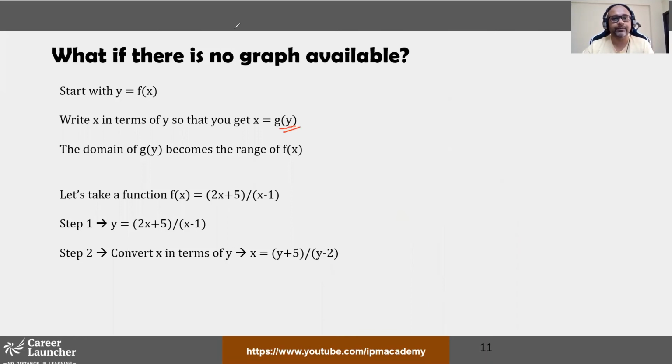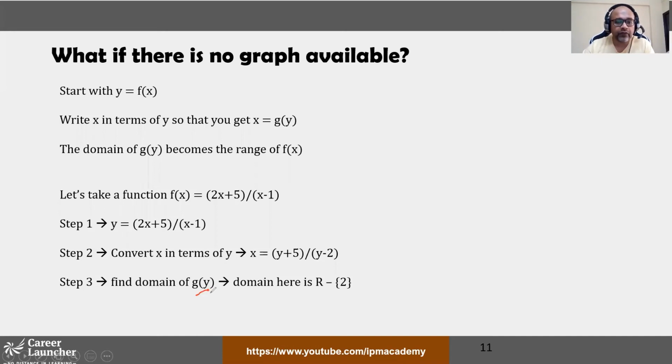That's your second step. The third step is something that you already know. In this new thing that you just got, g of y, find the domain. The domain of this g of y will be called the range of your f of x.